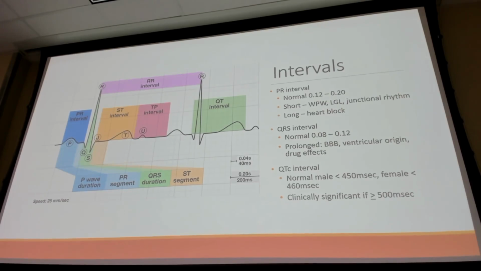And you guys actually see that a lot on normals. Since the QRS is supposed to be under 0.1, it'll be like 0.11. We really say it's wider when it's over 0.12, but the textbook says 0.1.